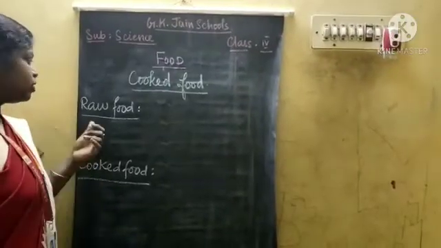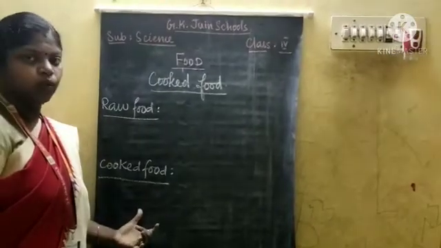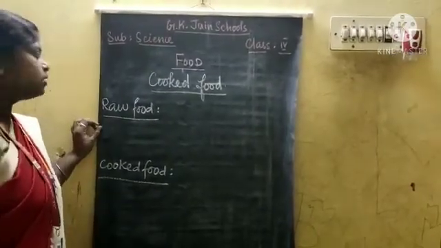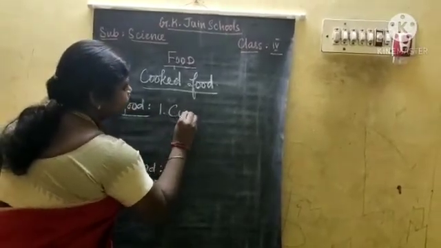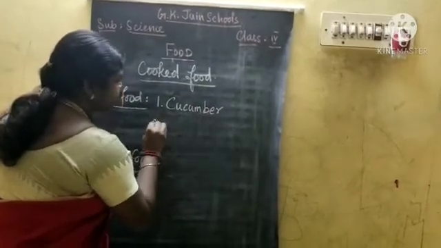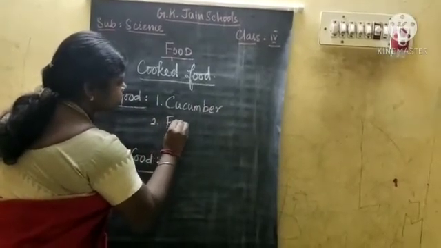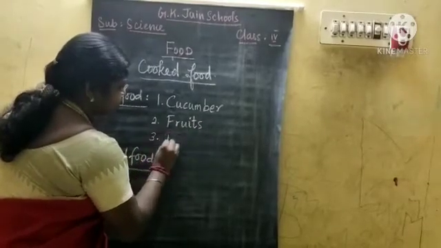Children, now I am going to write the names of 3 raw foods and 3 cooked foods. Shall we write, children? Raw food: cucumber, fruits and nuts.